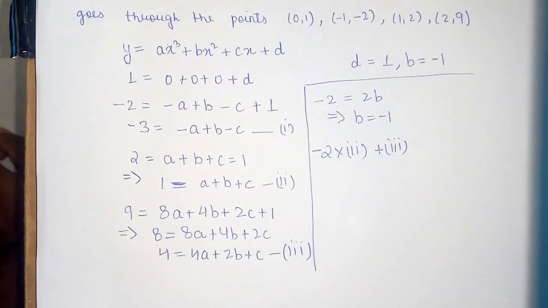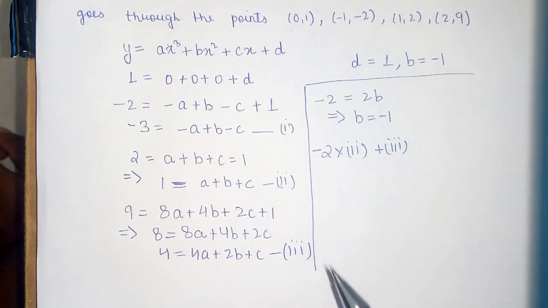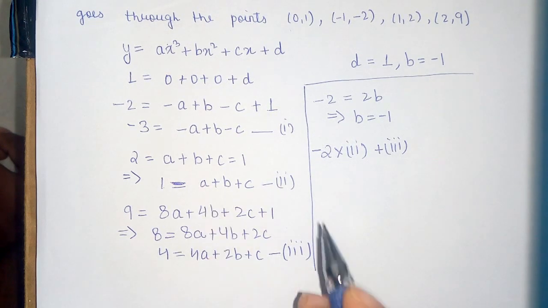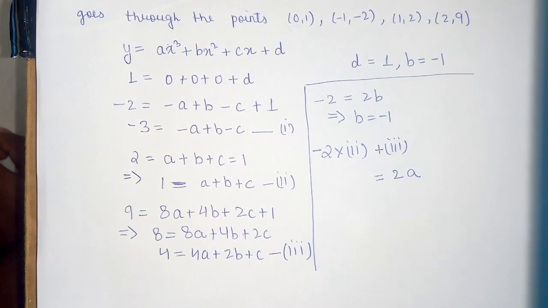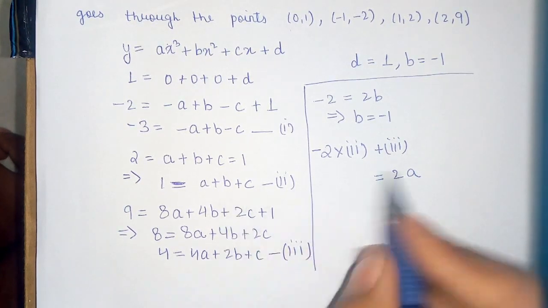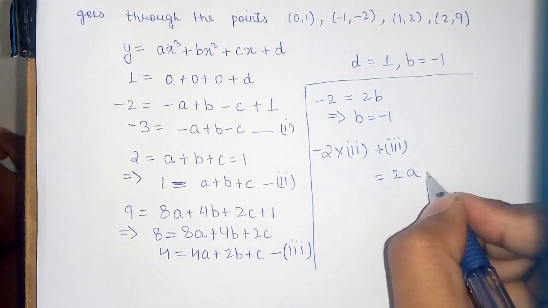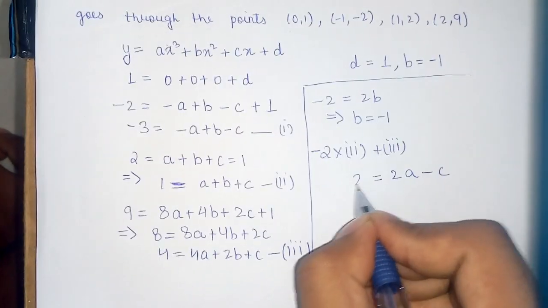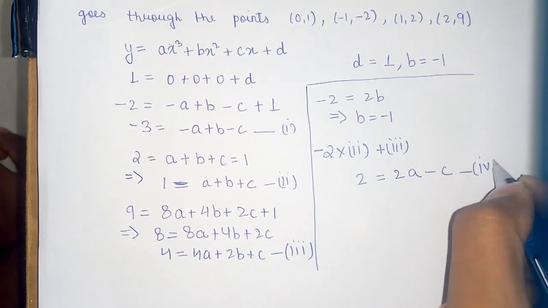So if you do this, we will have 4a minus 2a, which is 2a, 2b minus 2b, which is 0, c minus 2c, which is minus c, and here 4 minus 2, which is 2. Call it equation 4.